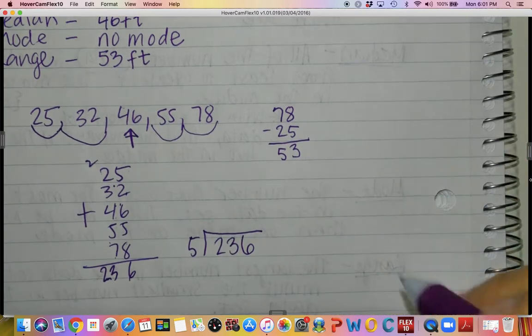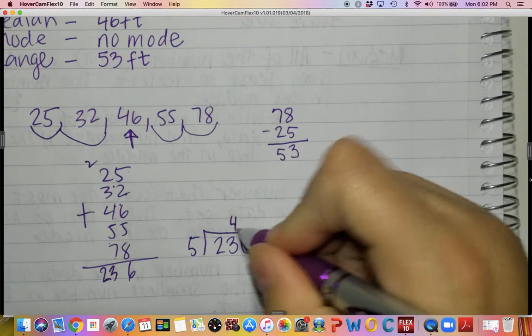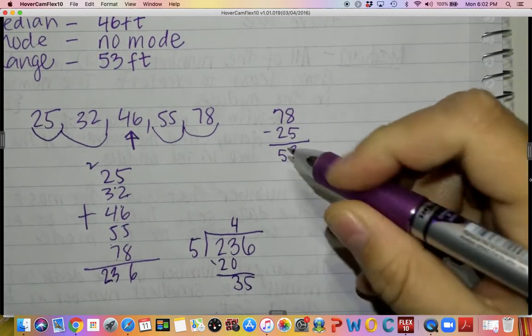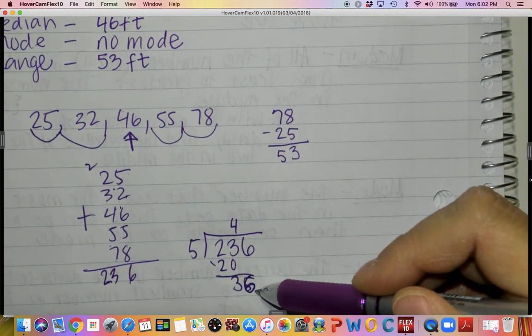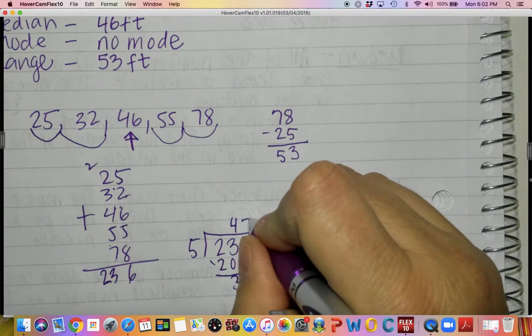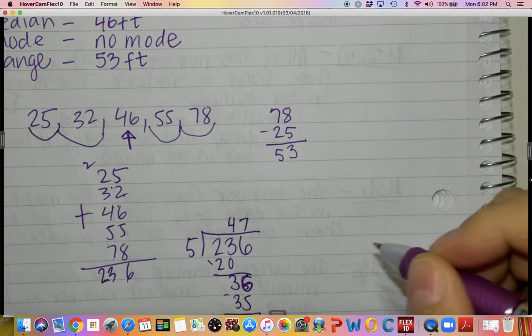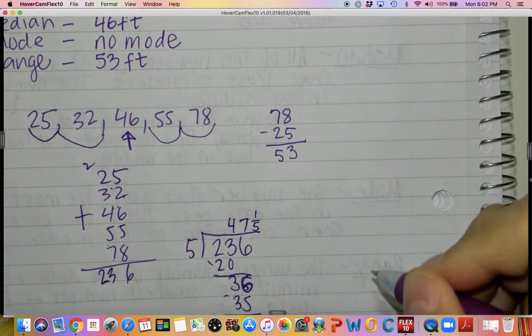So think about that. 5 into 23 goes 4 times. 5 into 36 goes 7 times. And then I have 1 out of 5 left over.